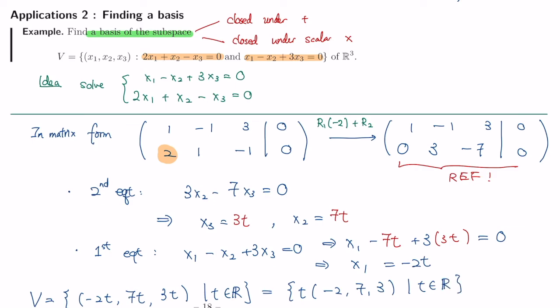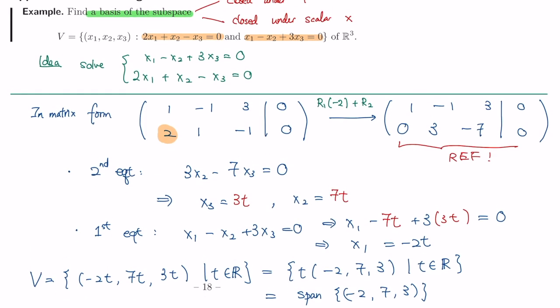And what is this? This is really just the span of (-2, 7, 3). And because I have only one factor, and that is non-zero, it must be linearly independent by itself. So this forms a basis. So hence, (-2, 7, 3) is a basis for phi.